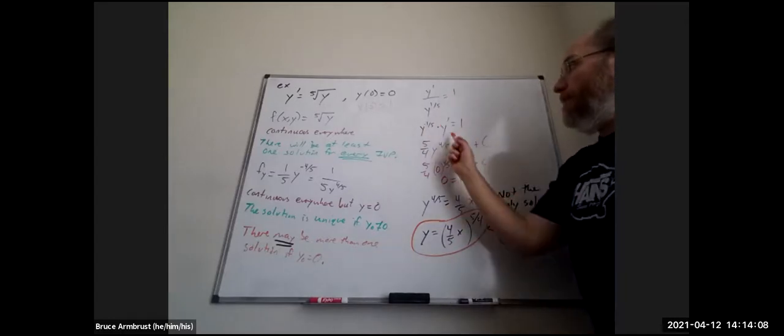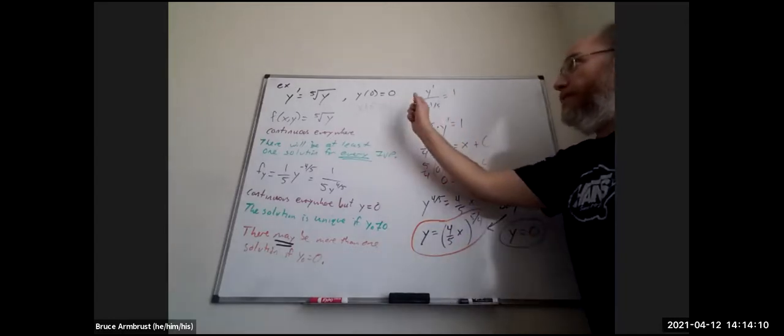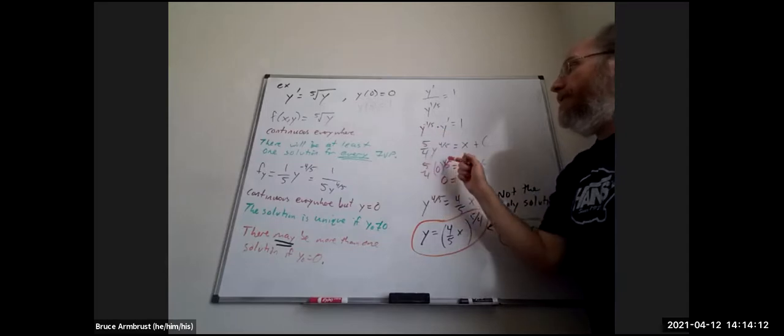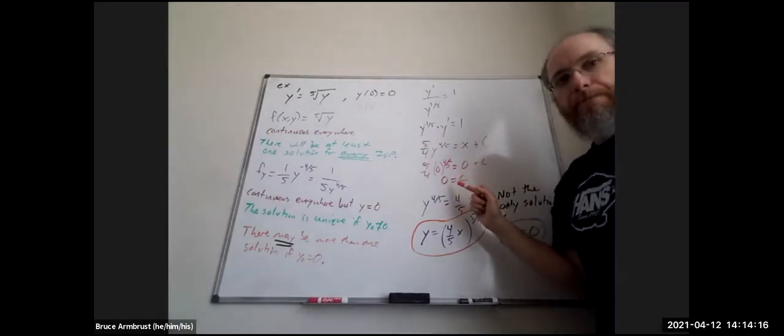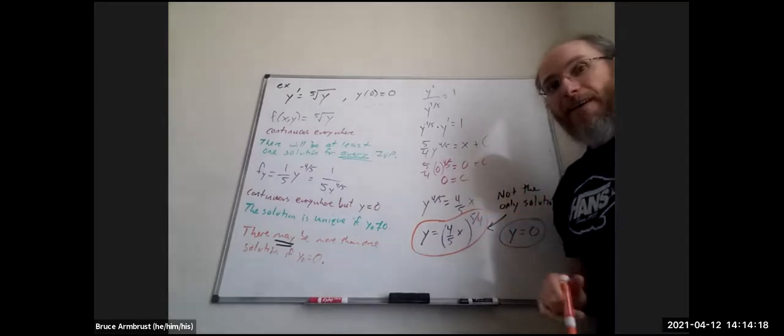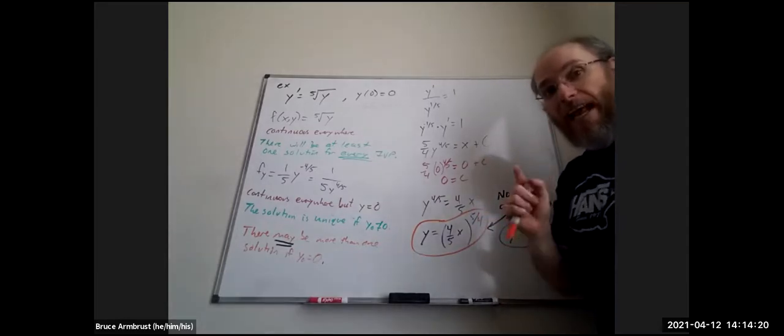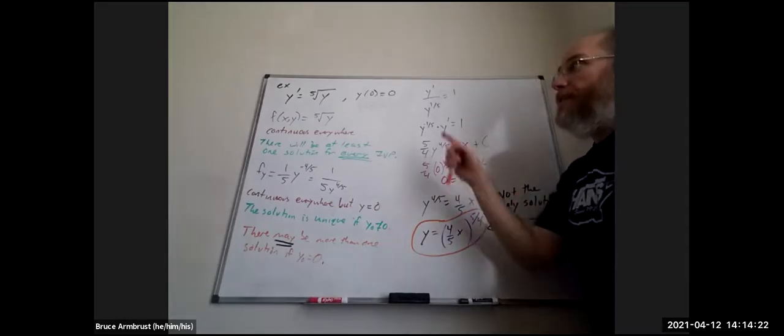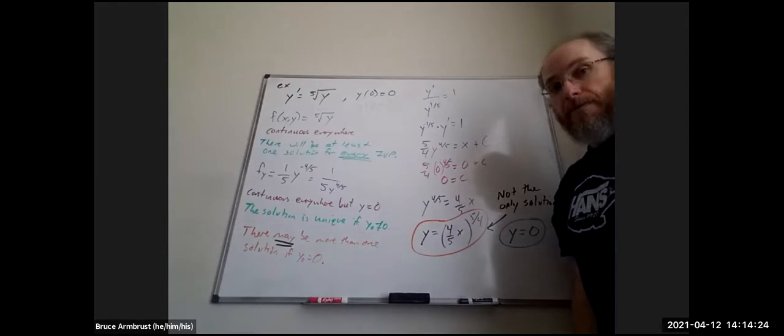We could have done this exact same process, plug in the 0 for x, the 1 for y, get our c at this point. That one is the one and only solution to that initial value problem.